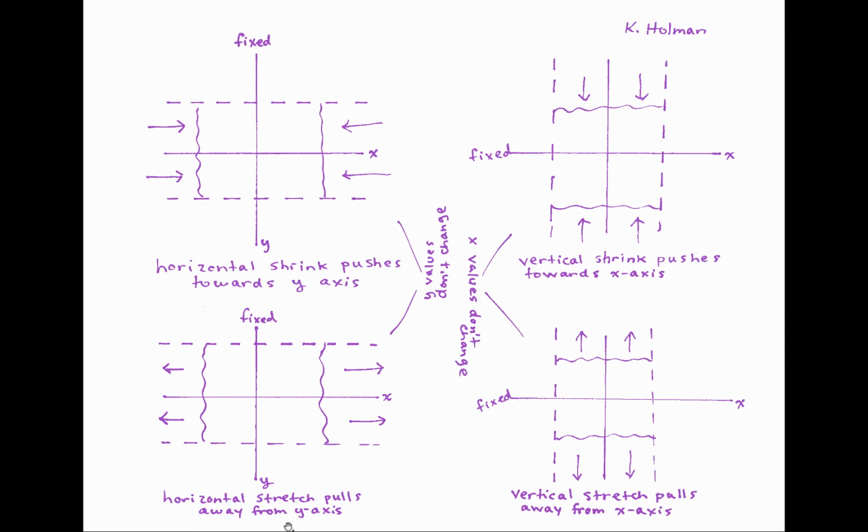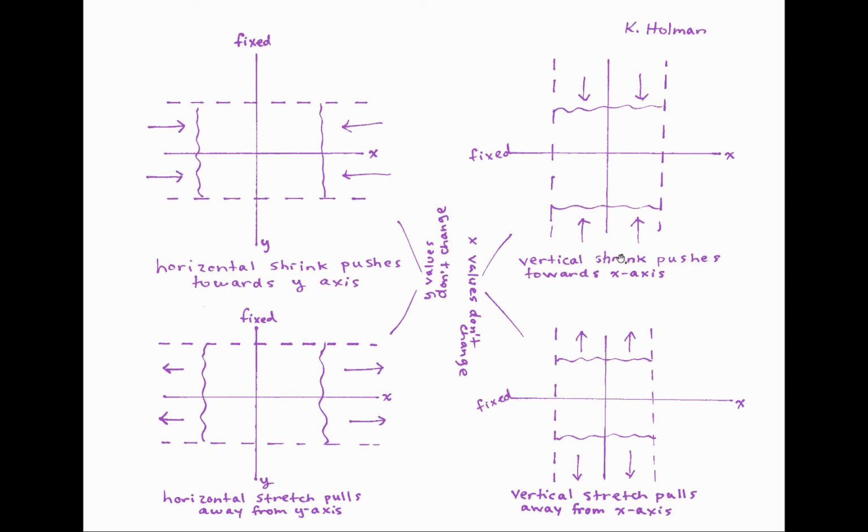You can see in both cases, the y-axis is going to be fixed. The y values of each point do not change. It's only the x values for each point that we change. So if it's a horizontal shrink, your graph is going to be pushed towards the y-axis. If it's a horizontal stretch, your graph is going to be pulled away from the y-axis.